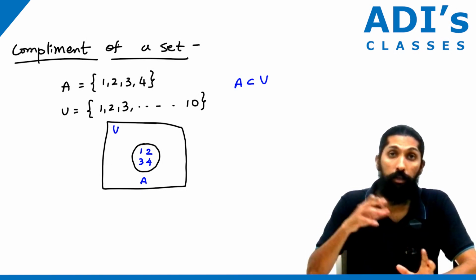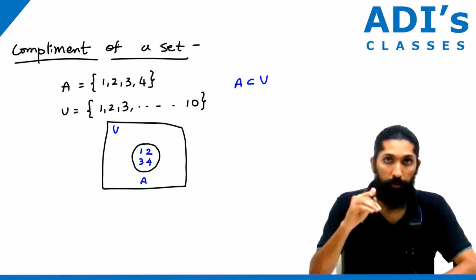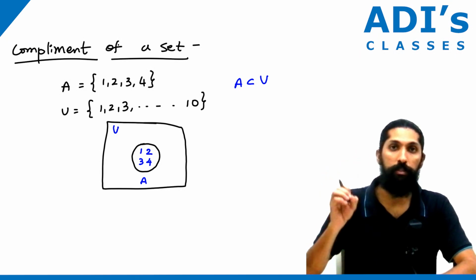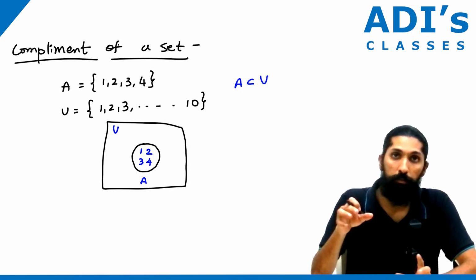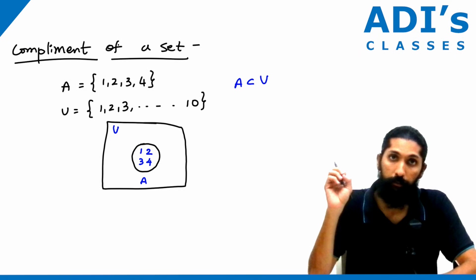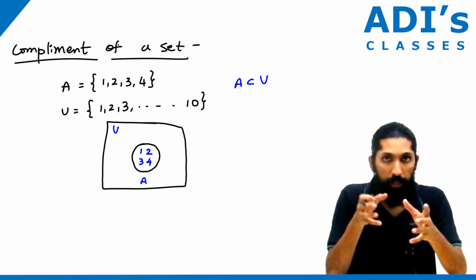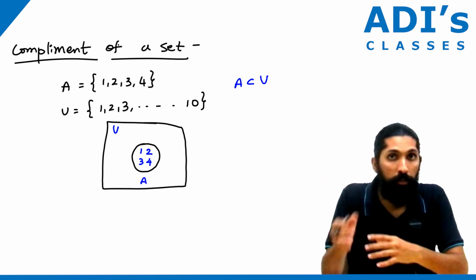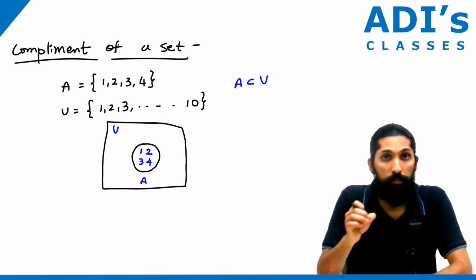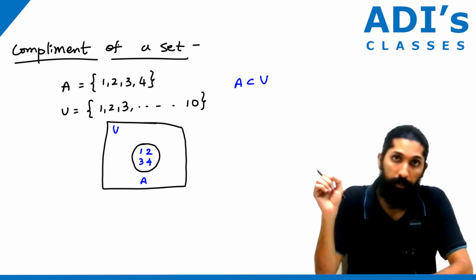The universal set contains everything and set A is a subset of U. Now, complement of A is basically elements which are present in the universal set but not in A. That means elements which are not present in the particular set but are present in the universal set. That is what we call the complement of a set.